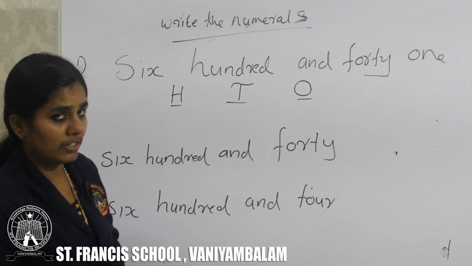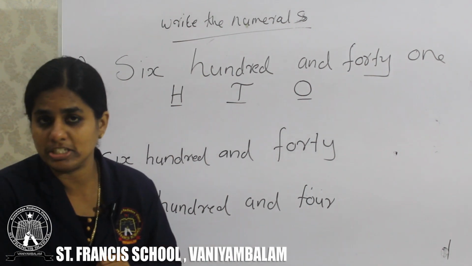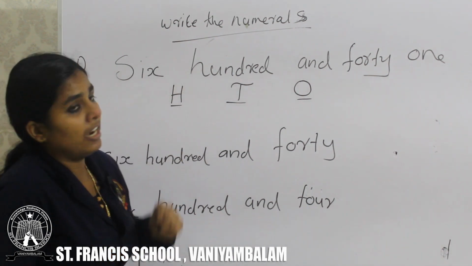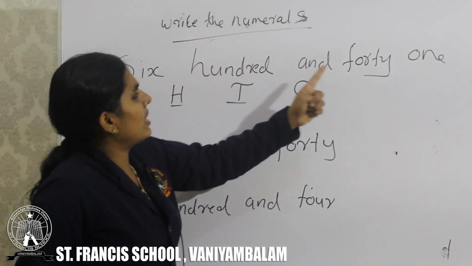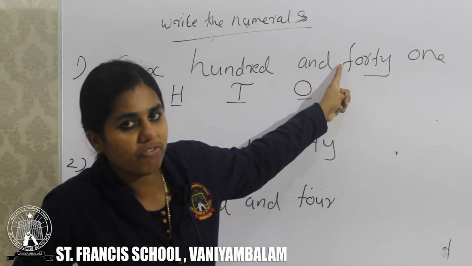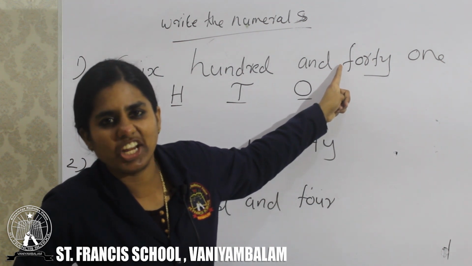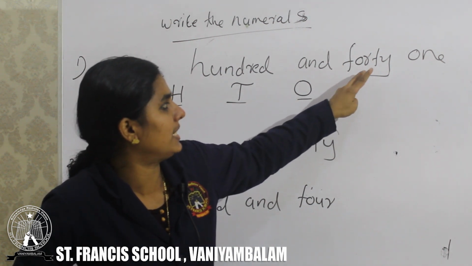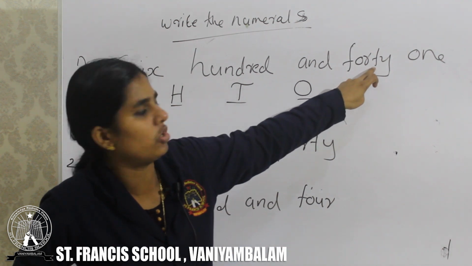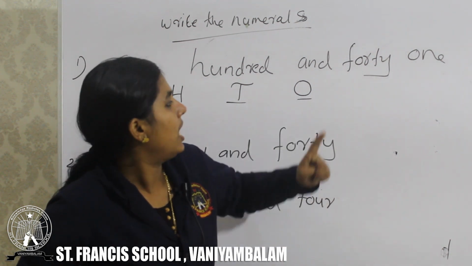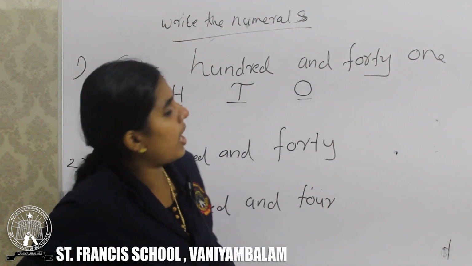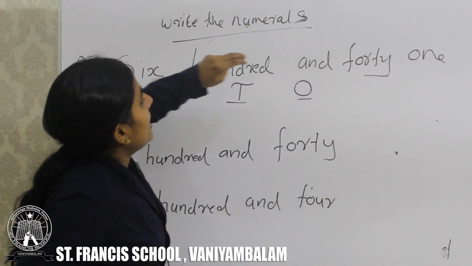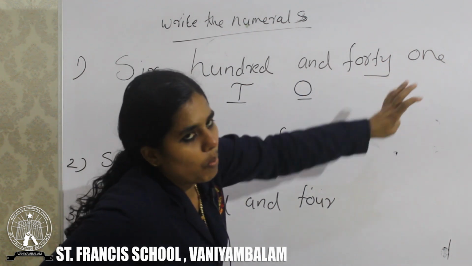Then after what we want to do? Once again we can read our number name. 641. 600. What is the spelling of 40? F-O-R-T-Y. This is our modern term. Don't write F-O-U-R-T-Y. 640. 641.